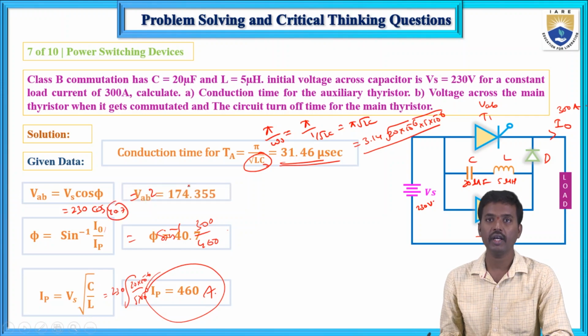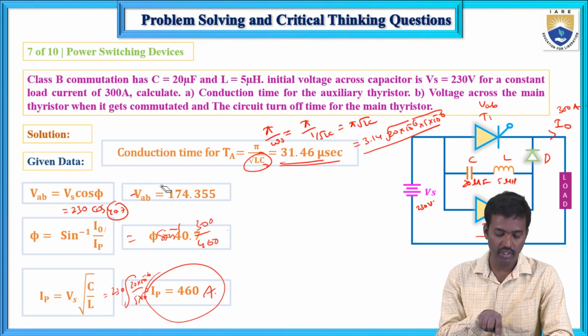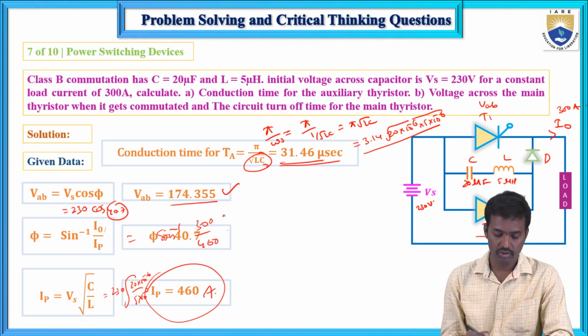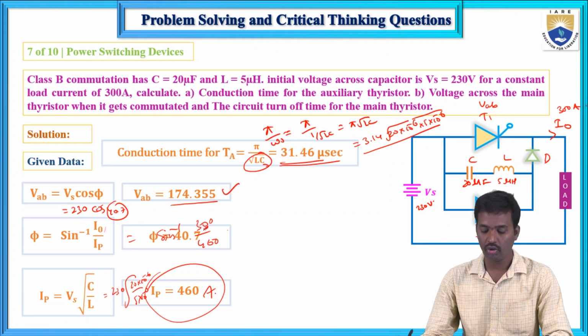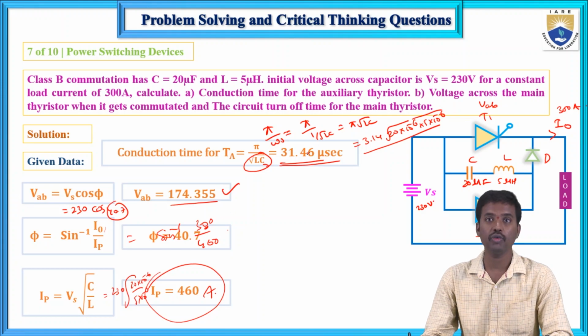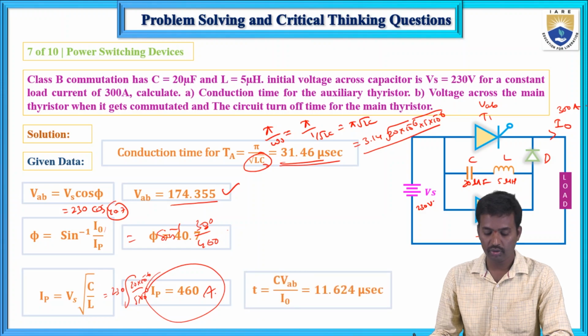If you do this, VAB equals 174.355 volts. So the voltage across the main thyristor is 174.355 volts.